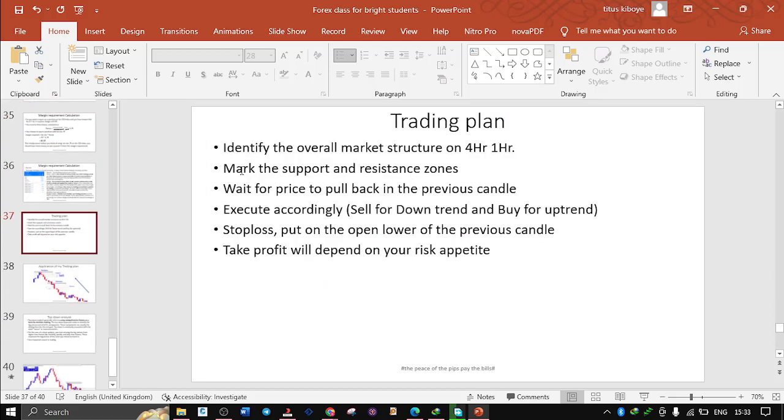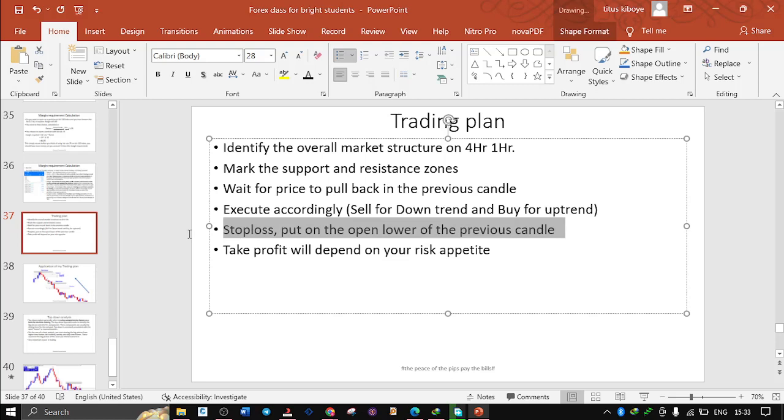Mark your support and resistance zones. Then wait for price to pull back in the previous candle, then execute accordingly, sell for downtrend and buy for uptrend.